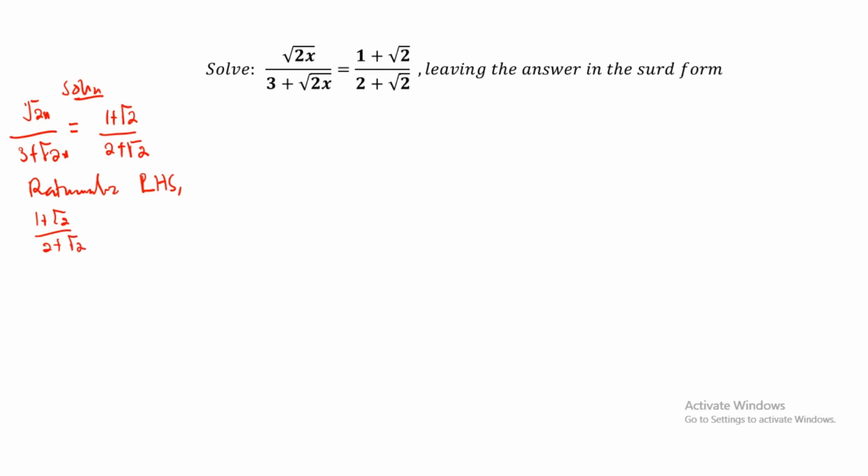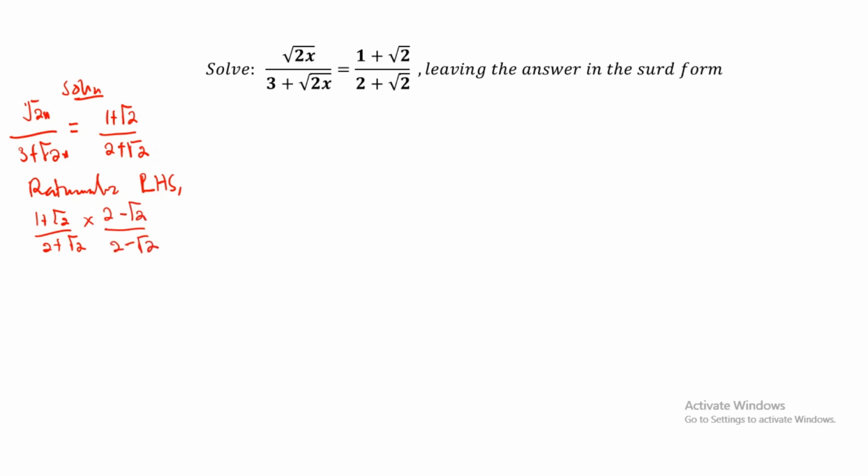To rationalize, we find the conjugate of the denominator and multiply the numerator and the denominator. So the conjugate of the denominator will be 2 minus root 2. So we'll now multiply this with 2 minus root 2 all over 2 minus root 2.